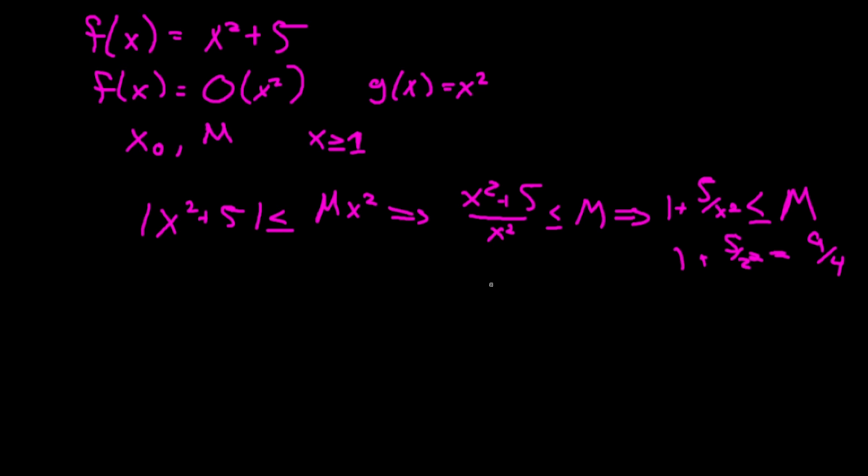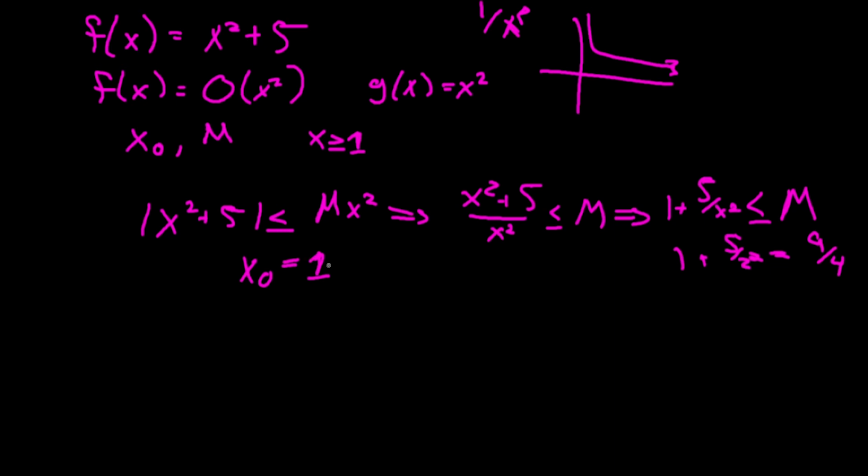And this all stems from the fact that, and you'll probably see this a lot, 1 over x to the exponent of p is a decreasing function. So as you make x larger and larger, this value is going to get smaller and smaller. So let's just choose x0 equal to 1.